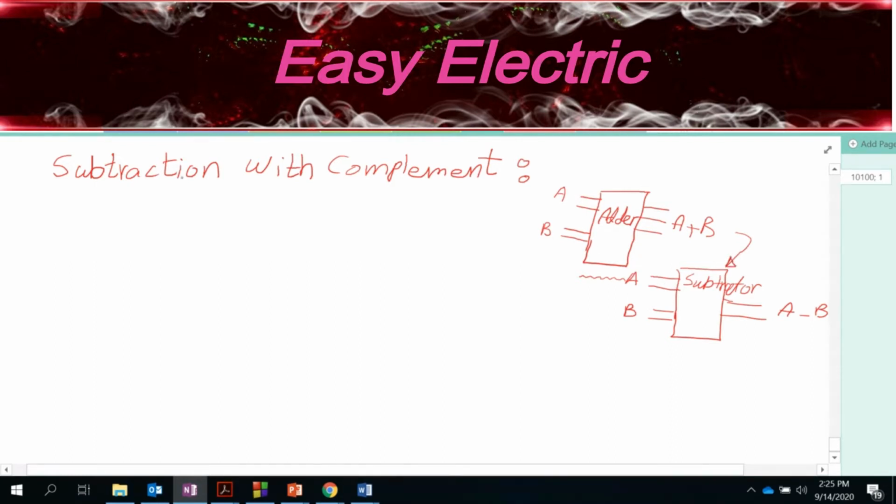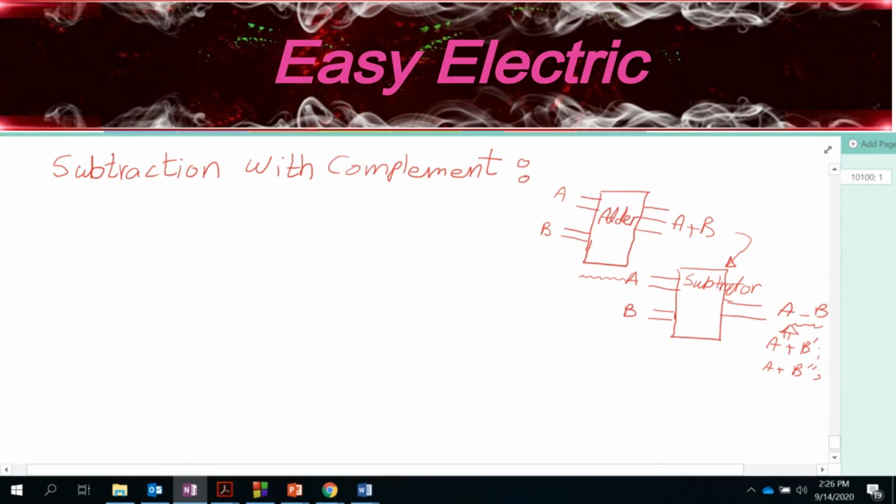You want to use subtraction with complement, which is that you calculate the subtraction by adding that number with its r's complement or its r minus 1 complement, and use these two to get A minus B. Okay, so that's what we say subtraction with complement.